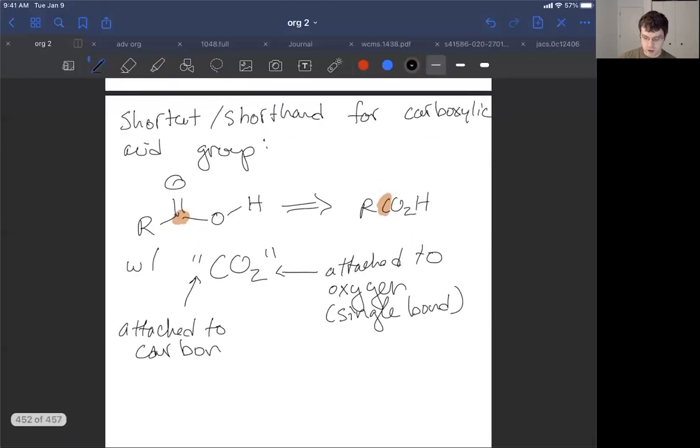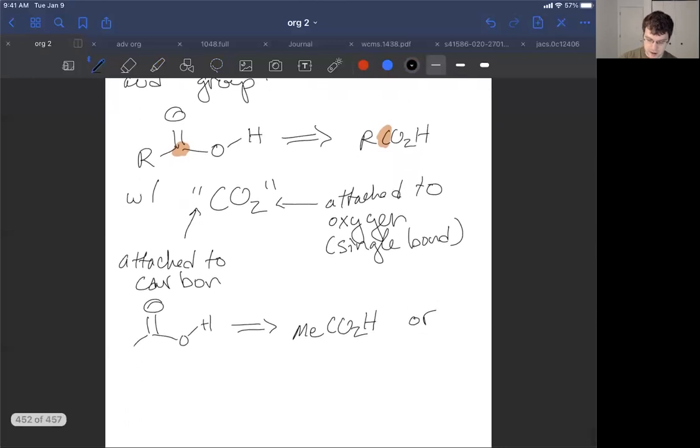Let me show you what I mean by this. If we take acetic acid, we could shorten this to MeCO2H, or instead of Me, we could have CH3CO2H. So the carboxyl group is shown right here. I'm going to pick a different color because I just had that color.